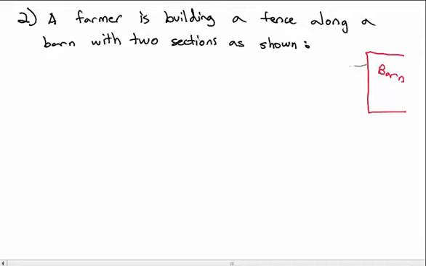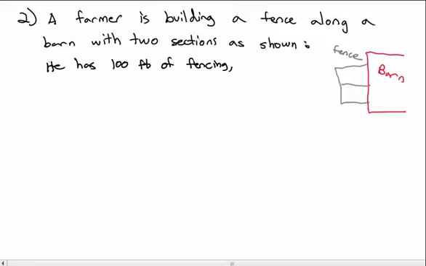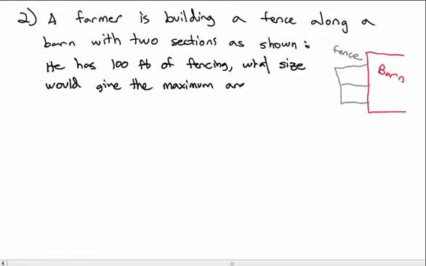And the fence he's going to build is going to come out from the barn and go over, and then it's going to have a divider down the middle. So that's the fence. He has 100 feet of fencing. What size would give the maximum area?